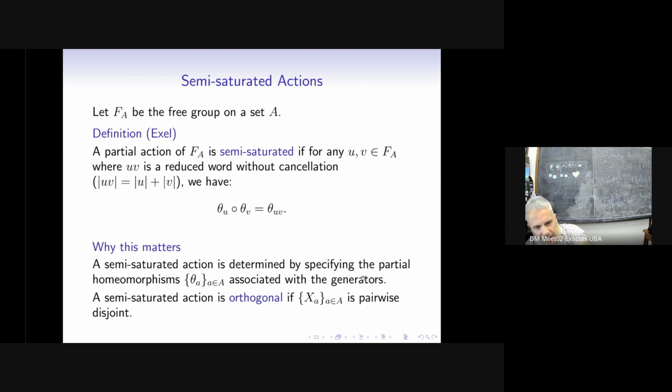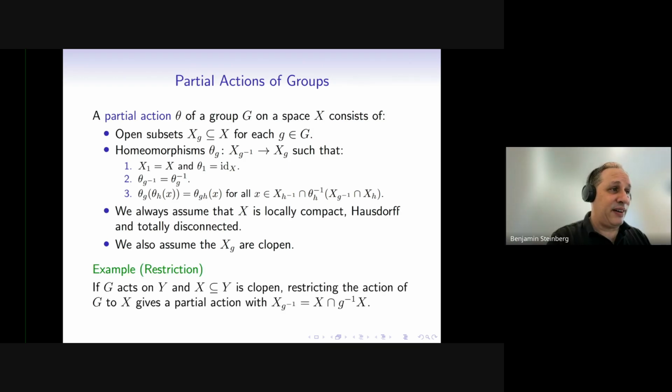One question. Sure. In the definition of a partial action, you do require that the product goes to the composition? Not exactly. That was the bit where you have this messy formula. The product is the composition when the left-hand side makes sense. This condition here says that the left-hand side makes sense: x is in the domain of theta_H, and when you apply theta_H, you're now in the domain of theta_G.